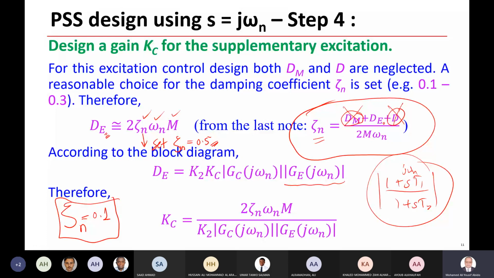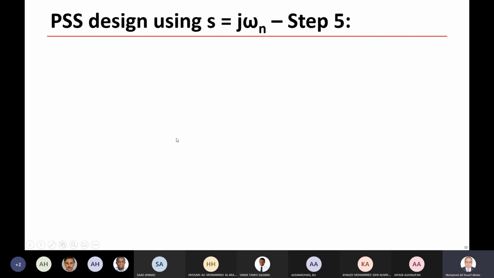So don't underestimate, for low frequency oscillation, having zeta n equal to 0.3 or 0.2 or 0.4. If you have 0.1 in your real life system, you are in good shape. Okay, so this is the case.